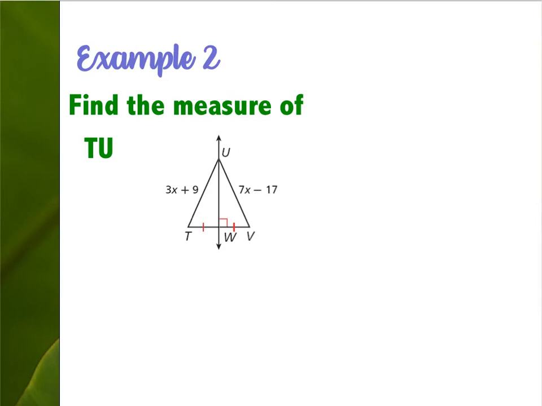So find the measure of TU. Here we know that WU is the perpendicular bisector. Because why? What are the two rules that we need to know in order to be a perpendicular bisector?